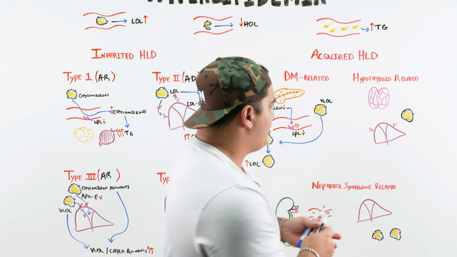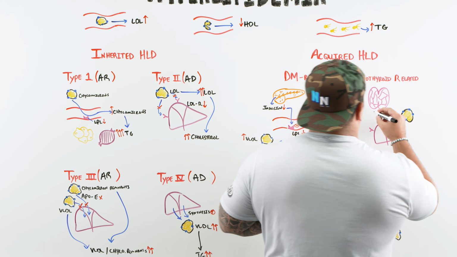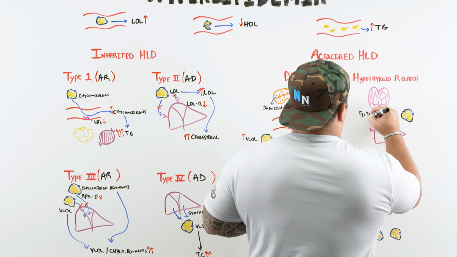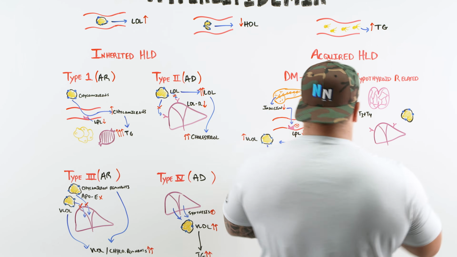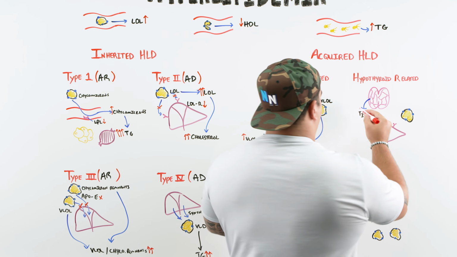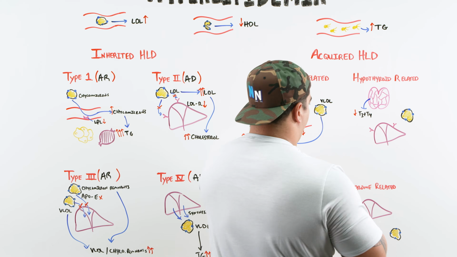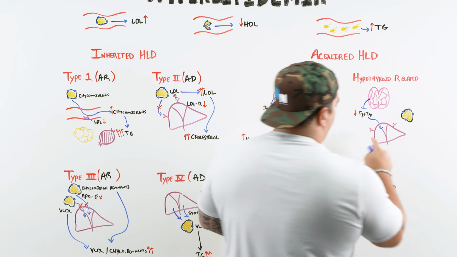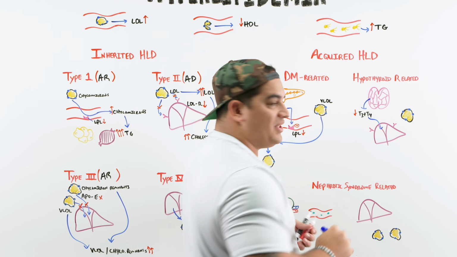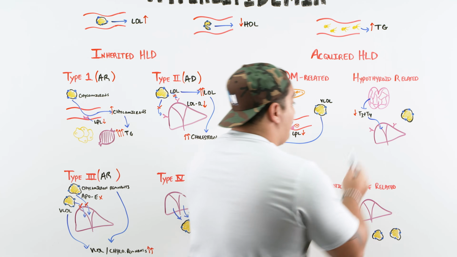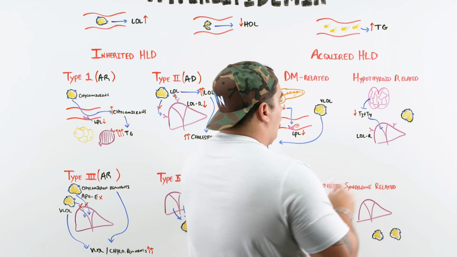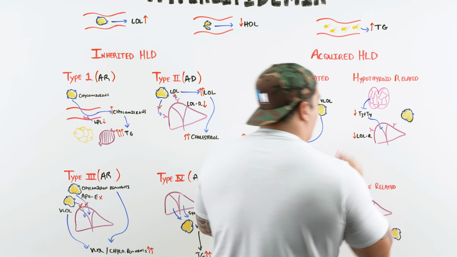Hypothyroid related. In this scenario, when a patient has hypothyroidism, they have less of what's called T3 and T4. T3 and T4 are interesting. When they're made by the thyroid, they're supposed to go to the liver, and when they go to the liver, they're supposed to maintain the expression of the LDL receptors. But that doesn't happen if you don't have them, so the LDL receptors are downregulated.